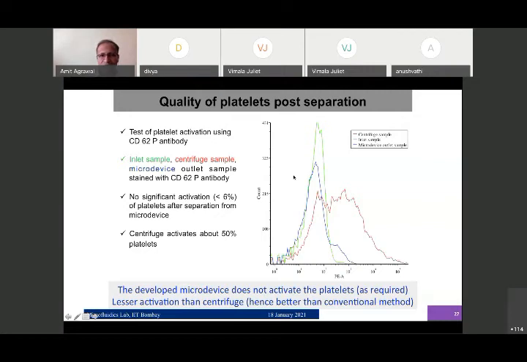So that means that only half of the platelets that you are actually collecting are useful. The remaining half is not useful for you because they are already activated platelets. Now, what happens in our case with our device, you see that this is a blue curve that you get, and this blue curve shows less than 6% activation.